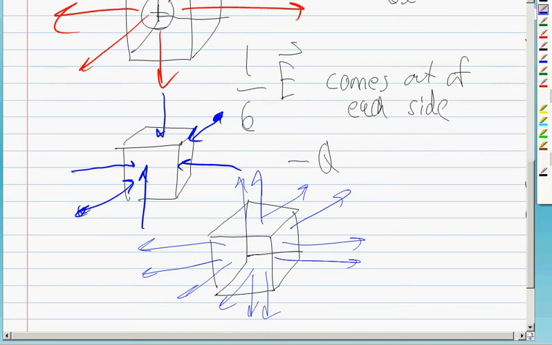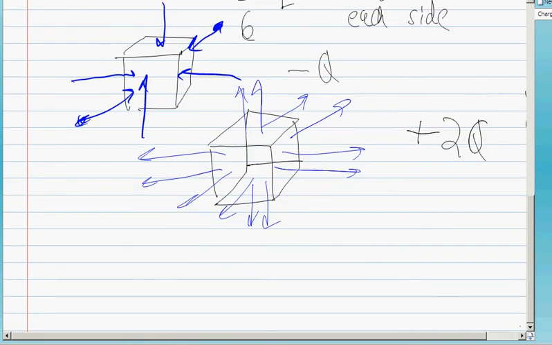Well, you would say, I know that the charge is coming out, so I know it's positive. But I know it has twice as many lines, so I can make a pretty good guess about the amount of charge that went in there. That would be 2Q. And that seems pretty reasonable.